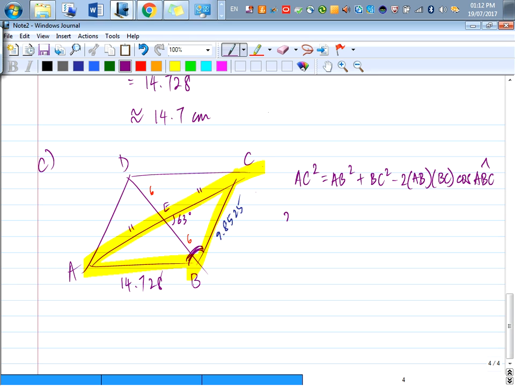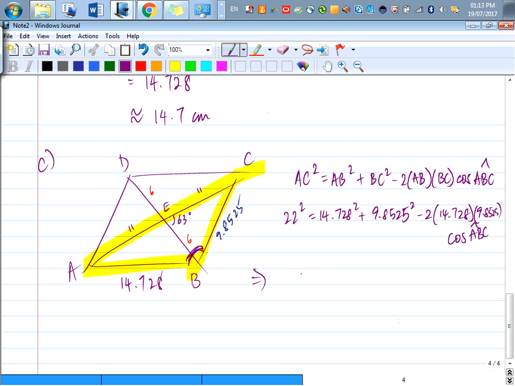So we have 22 square equals 14.728 square plus 9.8525 square minus 2 times 14.728 times 9.8525 cosine ABC.